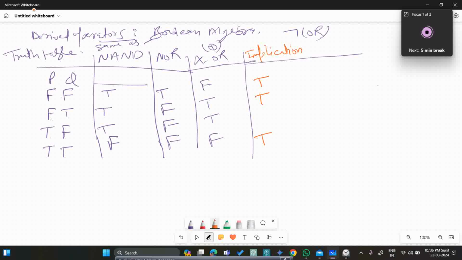But true implies false is false. This case is very important for implication. True implication false is false always.